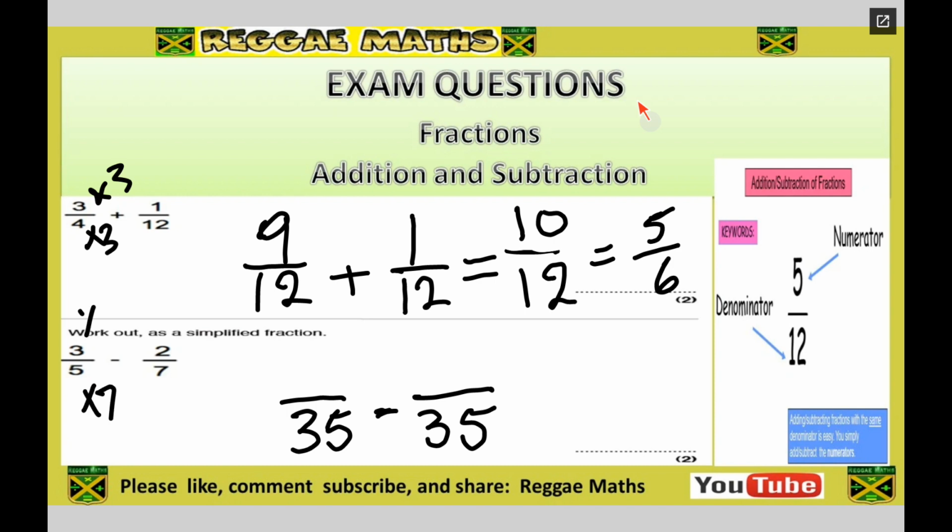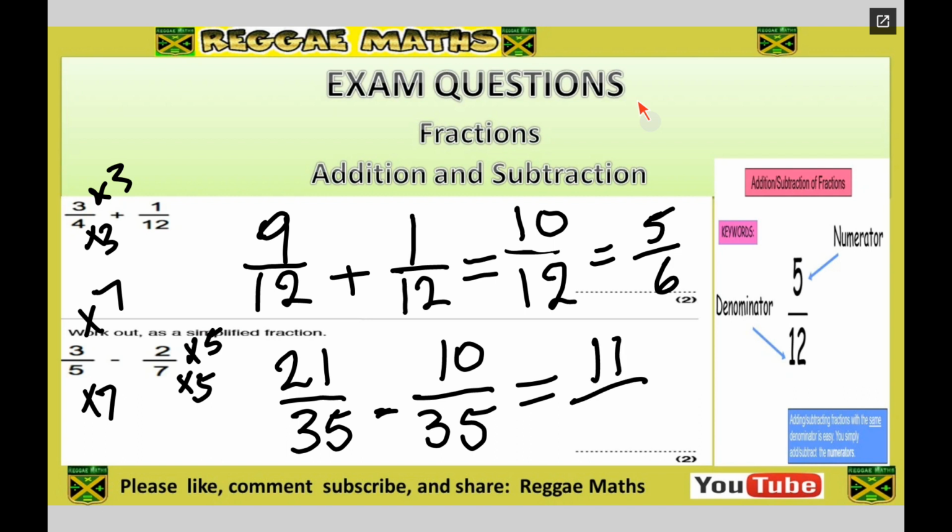Same thing I do to the top, I do to the bottom. So 7 times 3 is 21. Now 5 times 7 is 35. 5 times 2 is 10. 10 from 21 is 11. Go to heaven. And you got 35.